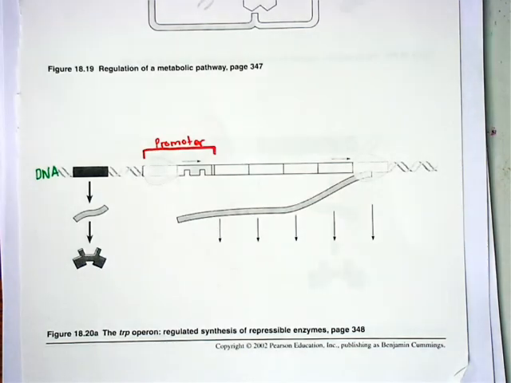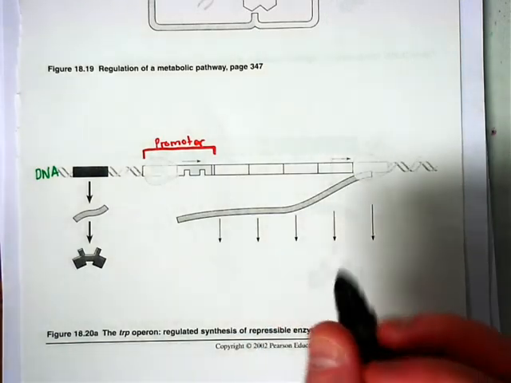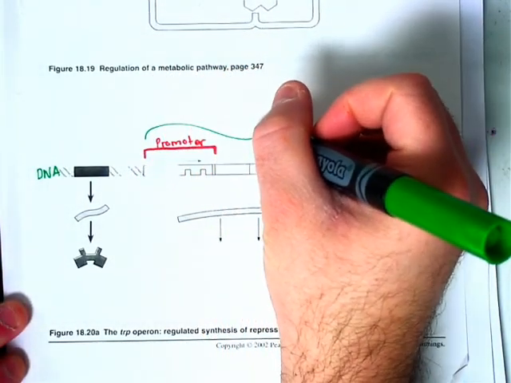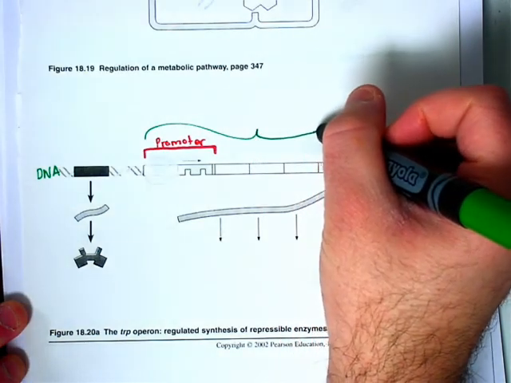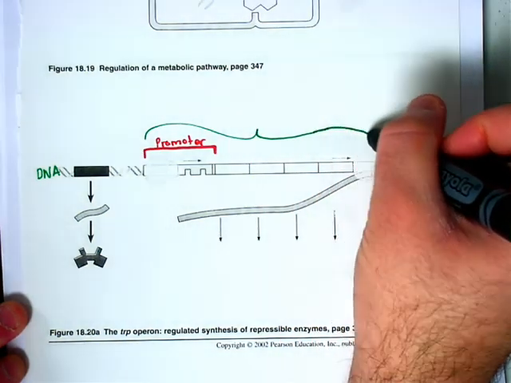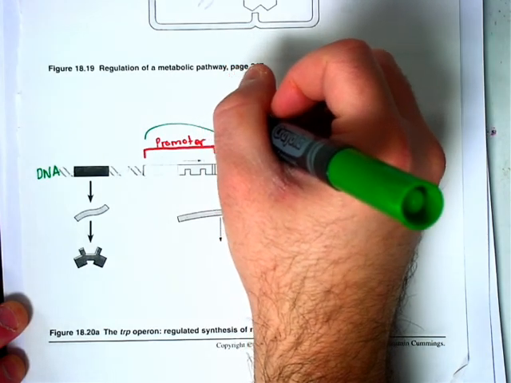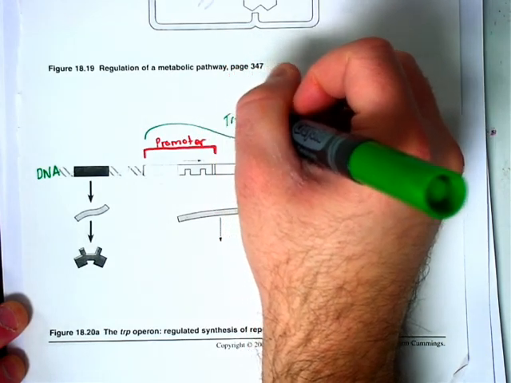Cool. And let's say that this entire sequence that is the promoter and these series of genes that you're seeing right through here, all the way to the very end, is known as the tryptophan operon. So we're going to talk about the tryptophan operon.